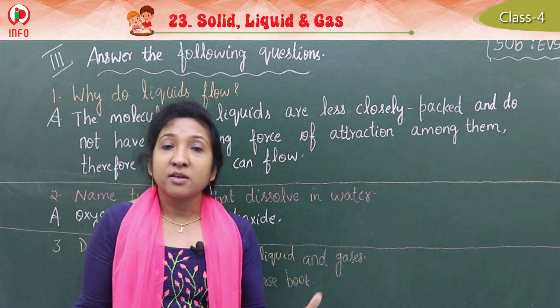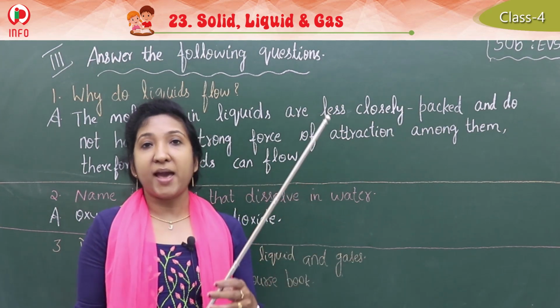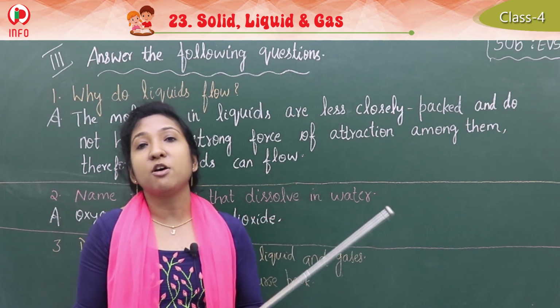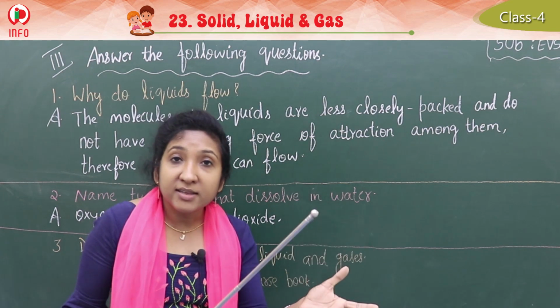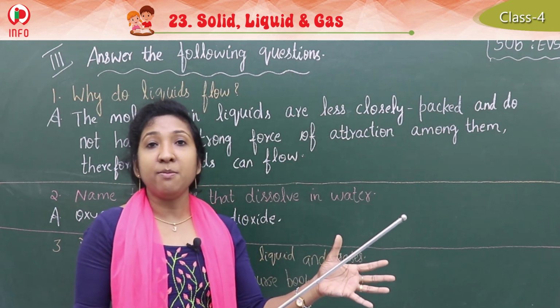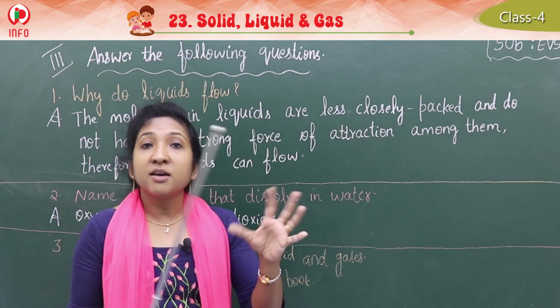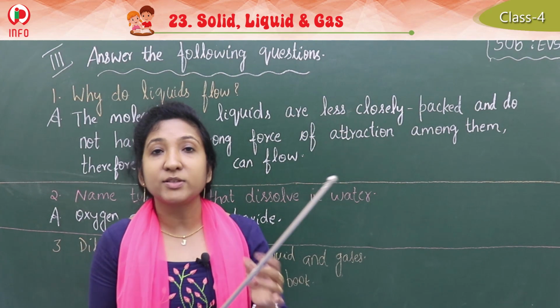Solid, you know, the molecules are tightly packed or closely packed, and because of that they have strong force of attraction, isn't it? So, we can say that solids have definite shape and volume, but liquids can move, they can flow because the molecules are less closely packed.